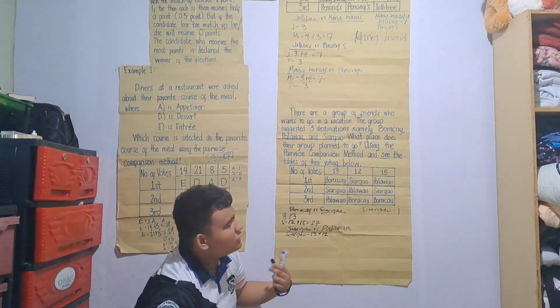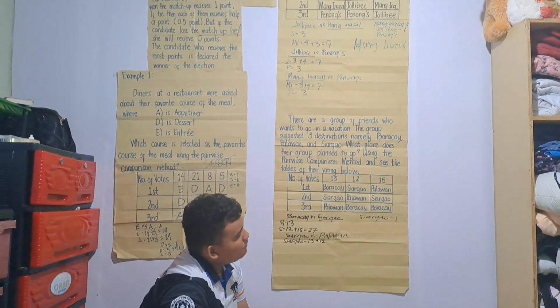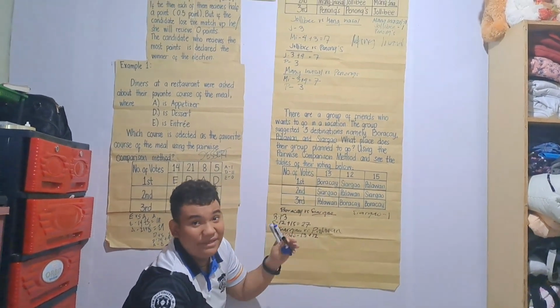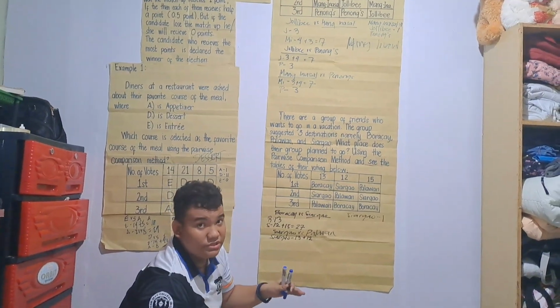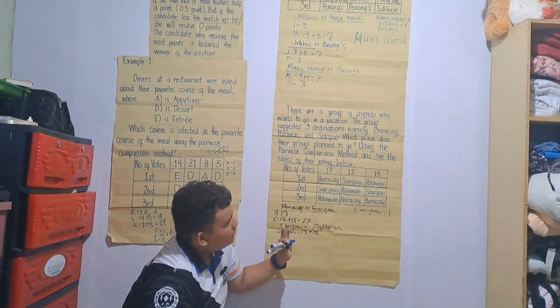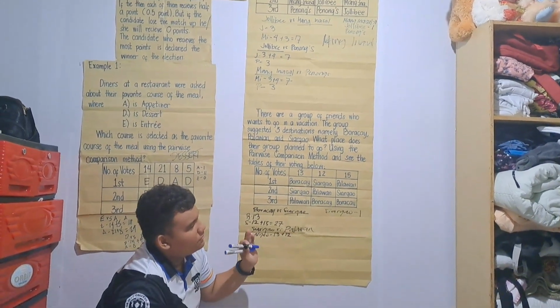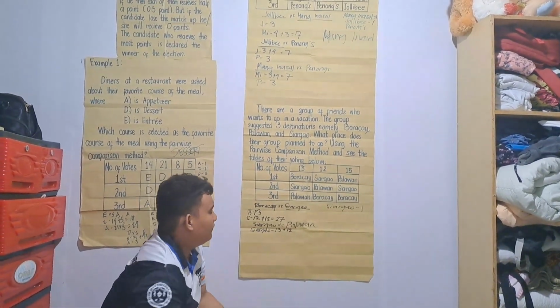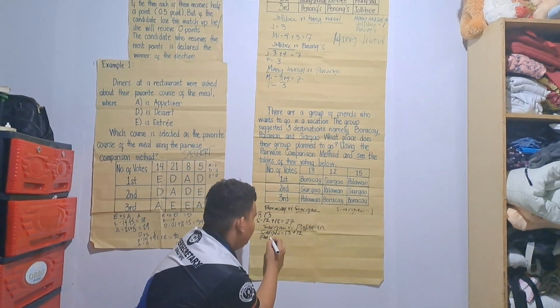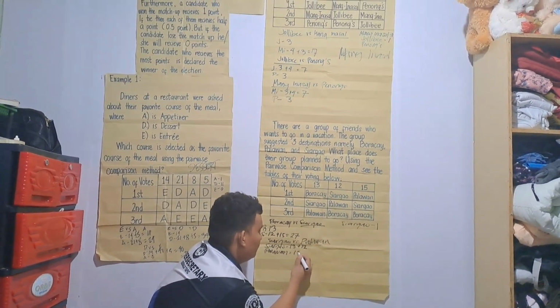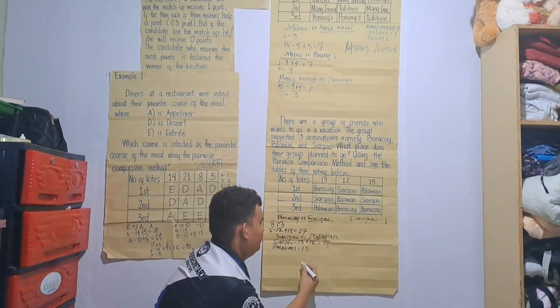Then sa pangatlong column naman is Palawan yung nanalo, no? Mas preferable sa 15 na voters. Guys, 15 na voters choose Palawan instead of Siargao. So Palawan has 15. 25, 15.